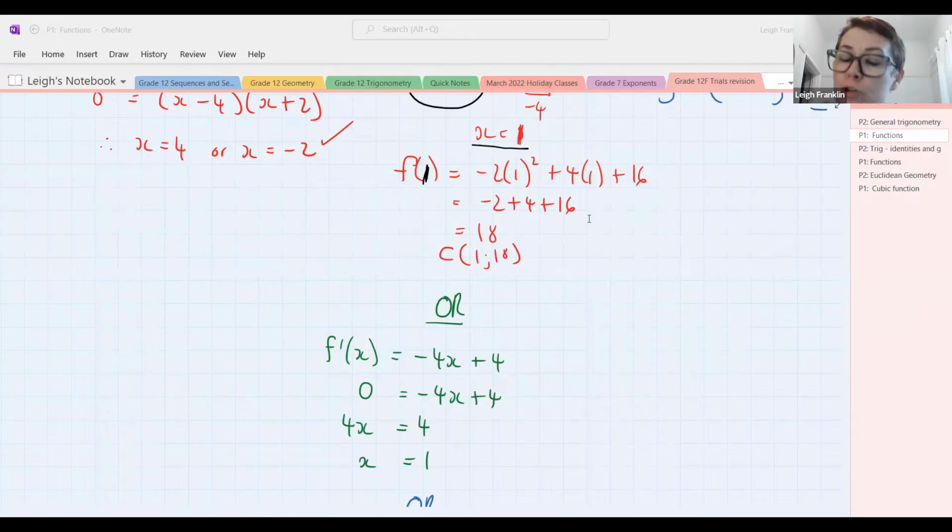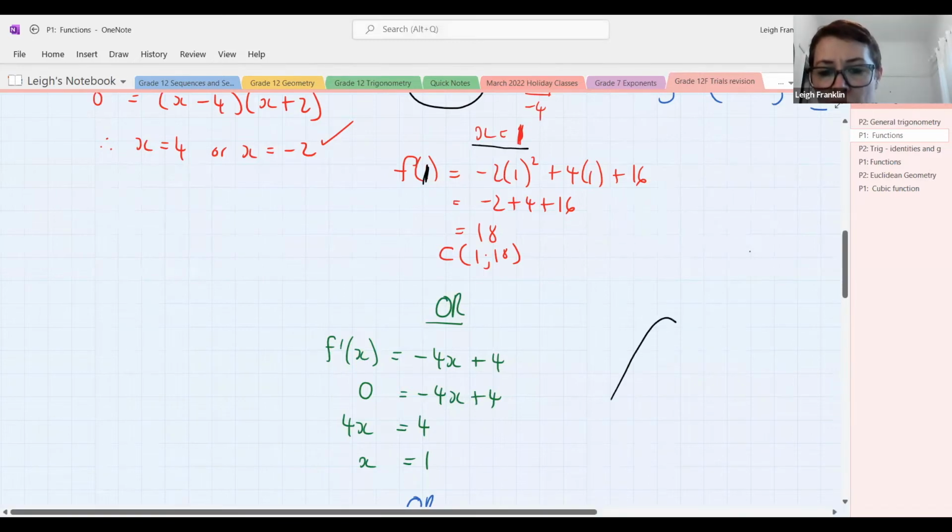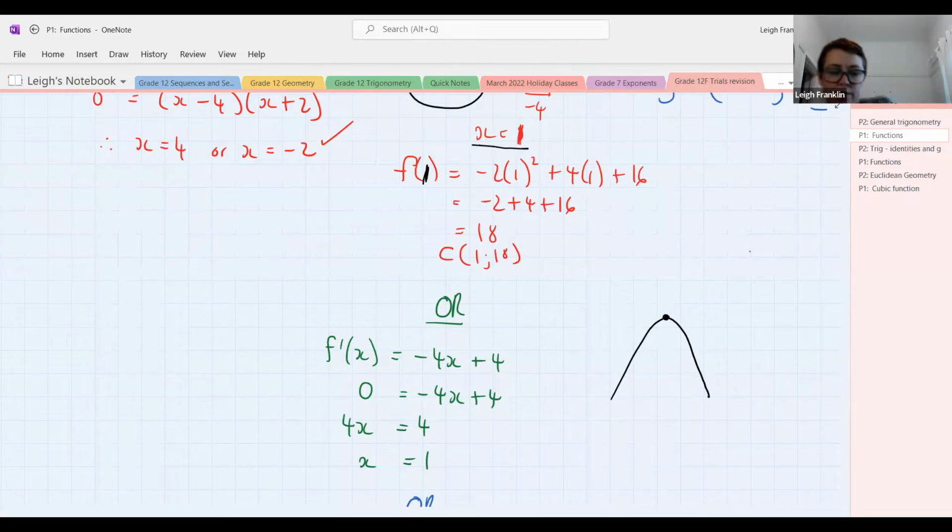I'm using the first derivative. Remember, the first derivative is gradient at a point. Remember our graph is shaped like this. What is the gradient at the turning point? You can put it into the chat. What's the gradient at the turning point? Exactly, Pabalo. The gradient at the turning point is 0.